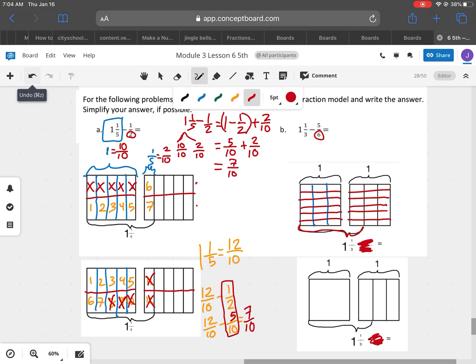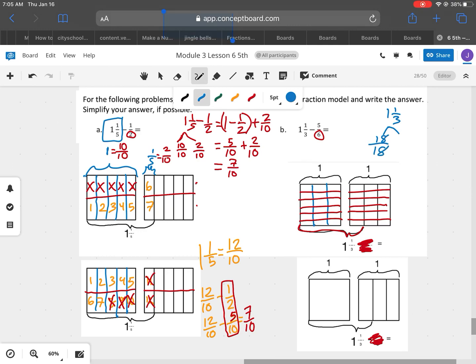So now I have 1 and 1/3, and again I'm going to decompose it. I'm going to know that it's 18. Some of you might be going, how do you know it's 18/18?